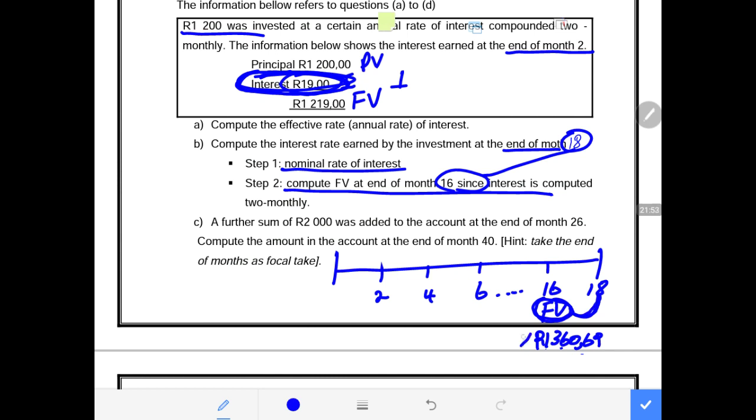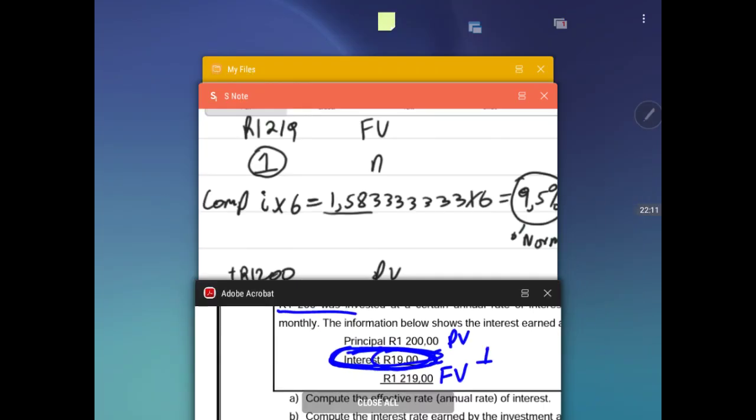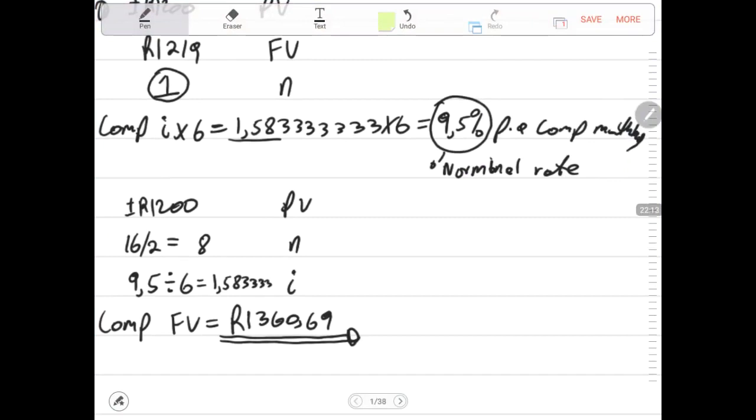Obviously, that interest will be times by 1.5833333333%. That will be the interest. Let me count how many 3s we have there: 1, 2, 3, 4, 5, 6, 7.